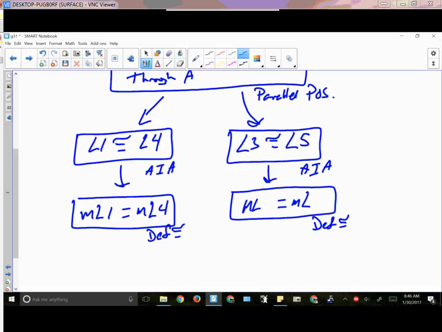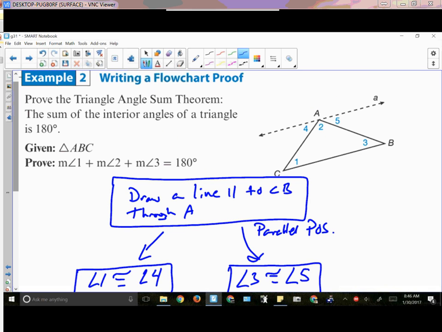That was supposed to be 3 and 5. So what I've done, I've drawn a line through it. Do I know what 4 plus 2 plus 5 add up to, by the way? 180 degrees, because they're on one side of a line, right?